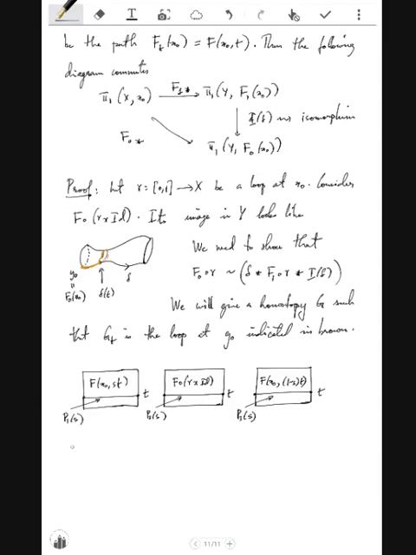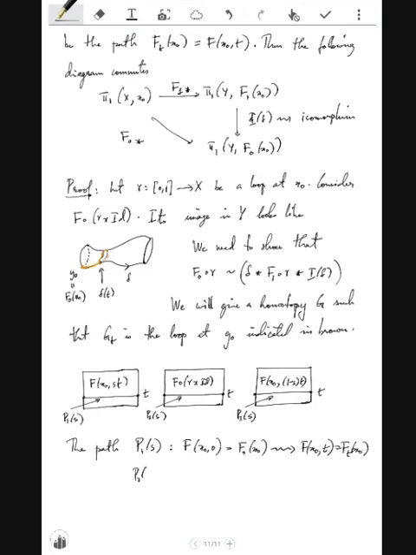So the path p1 of s starts at f of x0 comma 0, which is f0 of x0, and it ends at f of x naught comma t, which is ft of x naught.